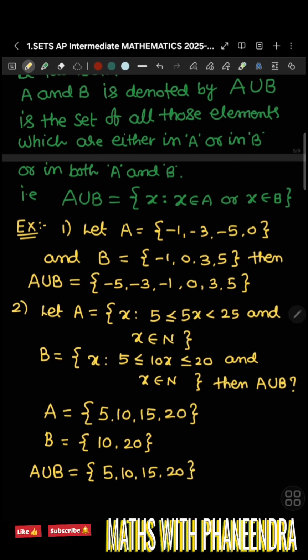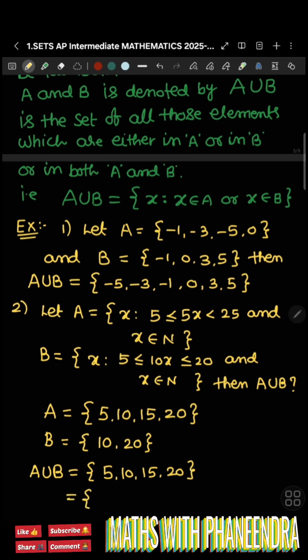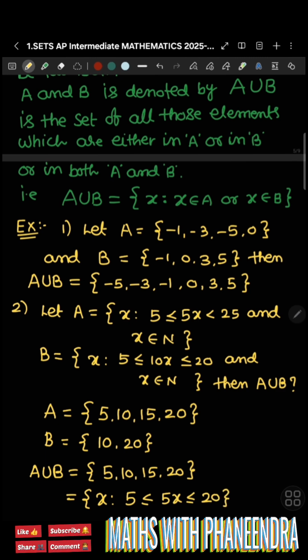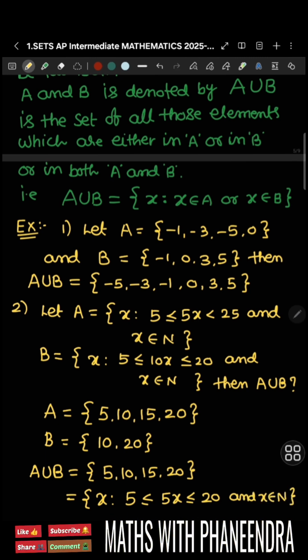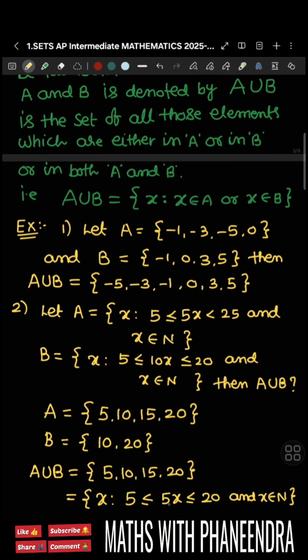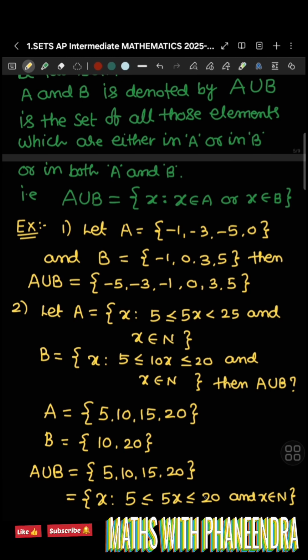So how can we write it in set builder form? We can write it as x such that 5 is less than or equal to 5x is less than or equal to 20, and x belongs to N. See, x equal to 1, substitute, 5 will come; 5 is less than 20 or equal. x equal to 2 gives 10, which is less than or equal to 20. x equal to 3 also comes, and x equal to 4 also. x equal to 5 we cannot take, only till x equal to 4.